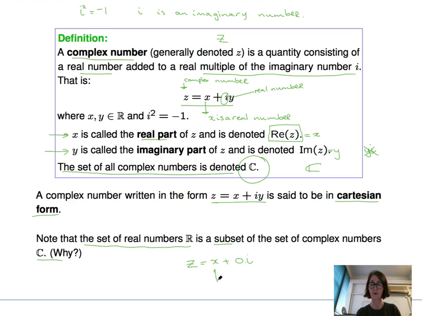Then you can see that this is just the same as x, so this is a real number. So we can write any real number x as x plus i times 0, and that looks like a complex number. So the real numbers live completely inside the complex numbers.